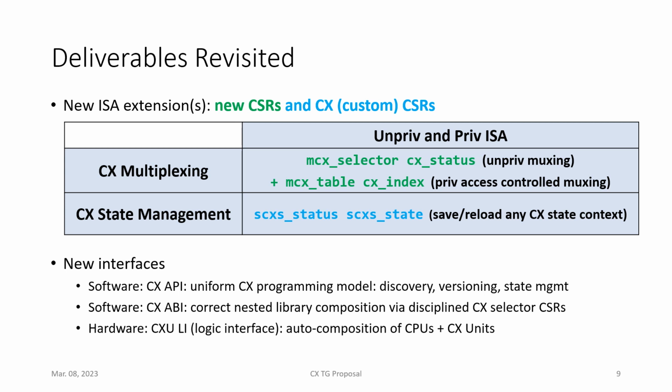And a new optional CXU logic interface enables glueless automatic composition of extensible CPUs and CXU hardware into processor complexes. In all, we believe this is a minimum viable set of interop standards to enable routine composition of custom extensions. Given the priv CSRs and the OS interactions, we propose the task group be homed in the priv ISA TC.